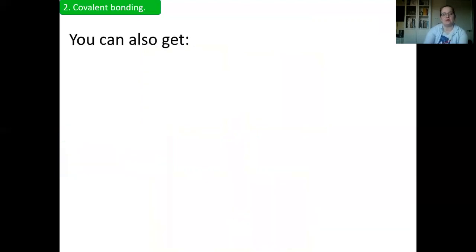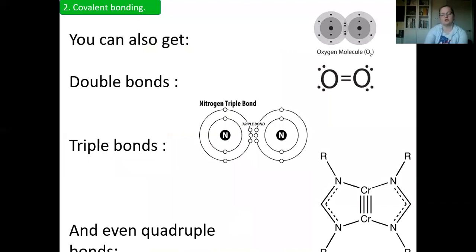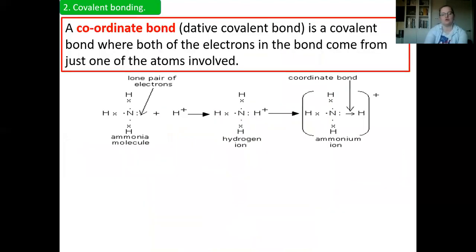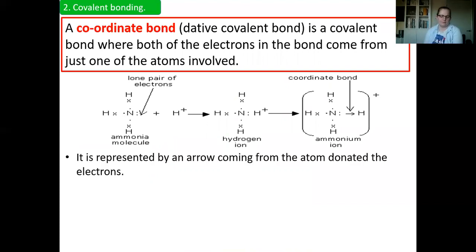In dative or coordinate bonding, both of the electrons in the pair come from one atom. For example, the one that we usually use is ammonium ions. So this is an ammonia molecule.